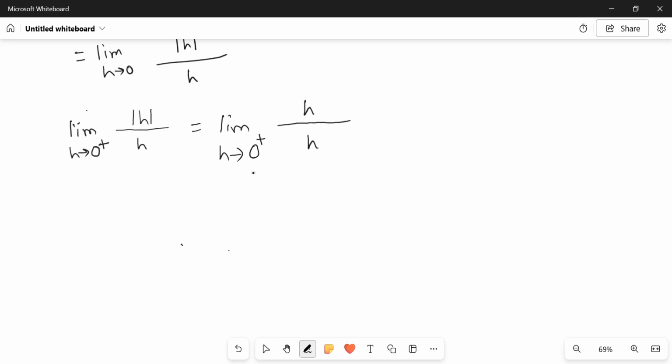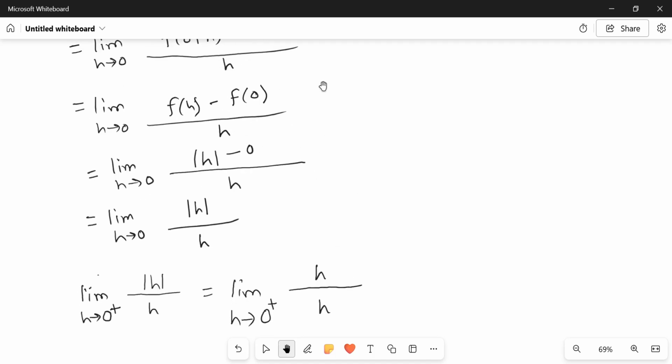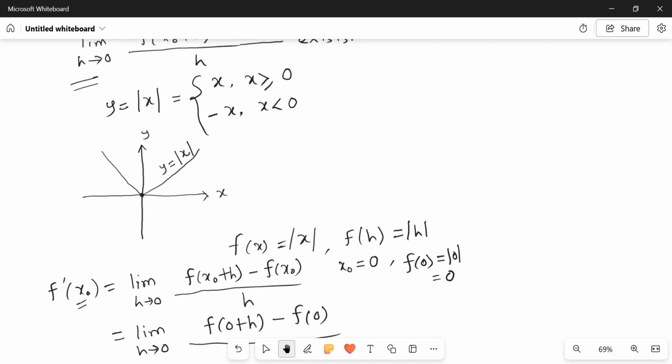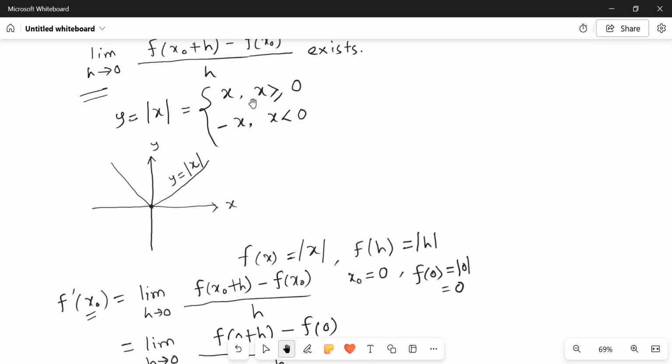We can see that in our piecewise function that we discussed earlier, when x is greater than 0, the absolute value of x is equal to x. When x is less than 0, it was minus x. That means for the negative case we are coming from the negative direction to the point x equal to 0, and for this we are coming from the positive direction to the point x equal to 0.